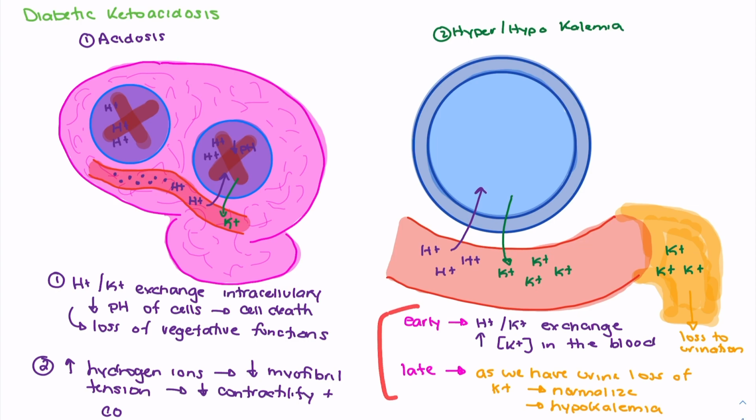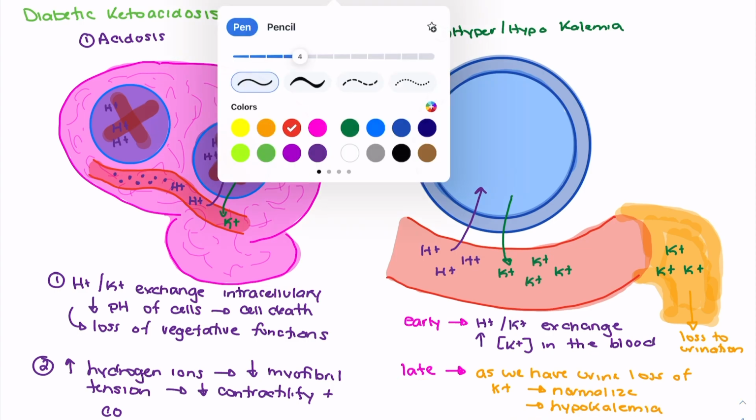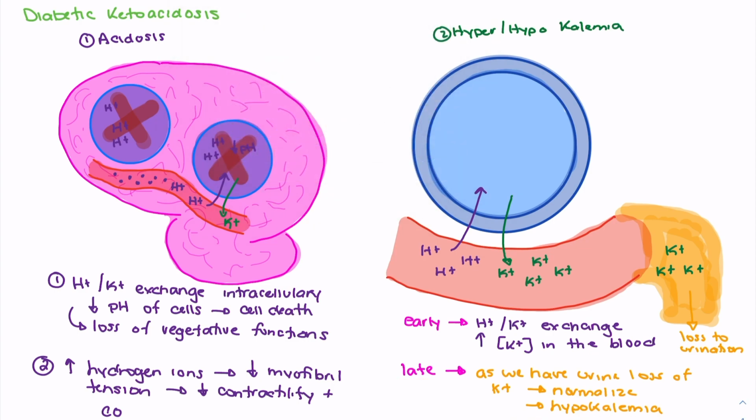So the risk of arrhythmia is high in these patients. In the early stages, we typically will see hyperkalemia, followed by late stages where we see hypokalemia. And the end consequence of both is cardiac dysrhythmia. We start to see arrhythmia, and this can typically be one of the causes of cardiac arrest for these patients.